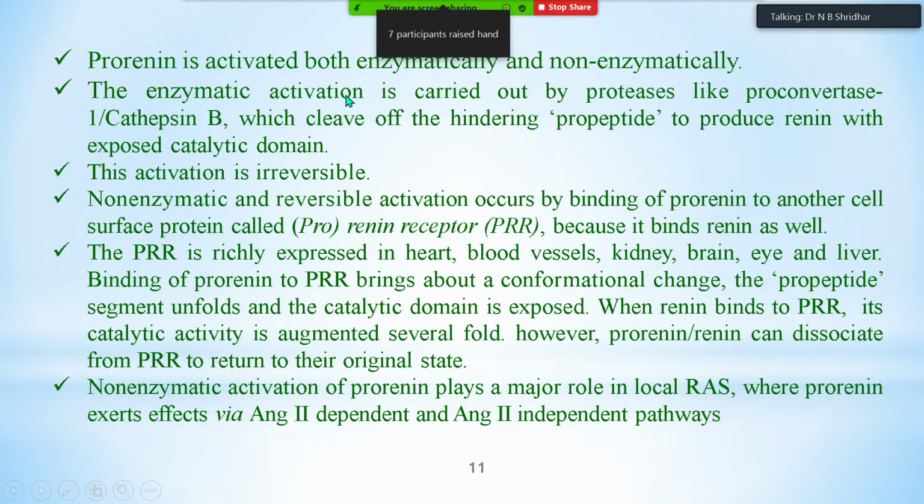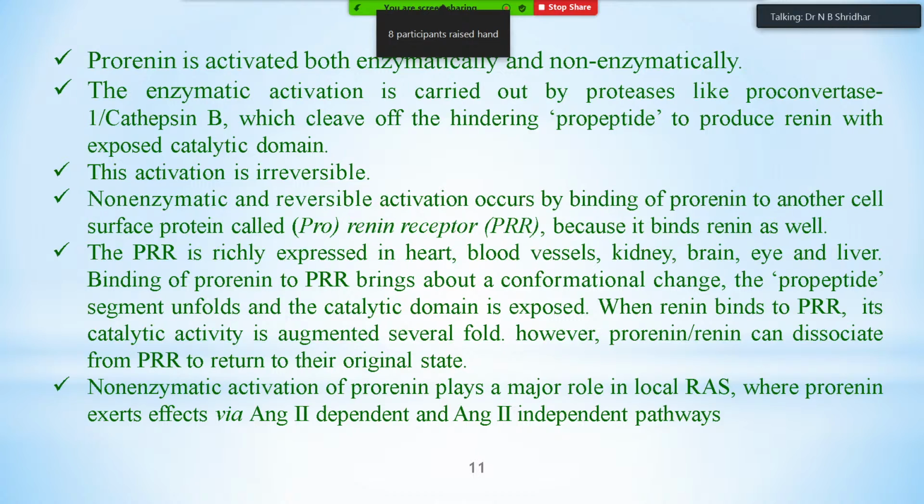Prorenin is activated both enzymatically and non-enzymatically. The enzymatic activation is carried out by proteases like proconvertase or cathepsin B, which cleave the propeptide to produce renin, which has an exposed catalytic domain.